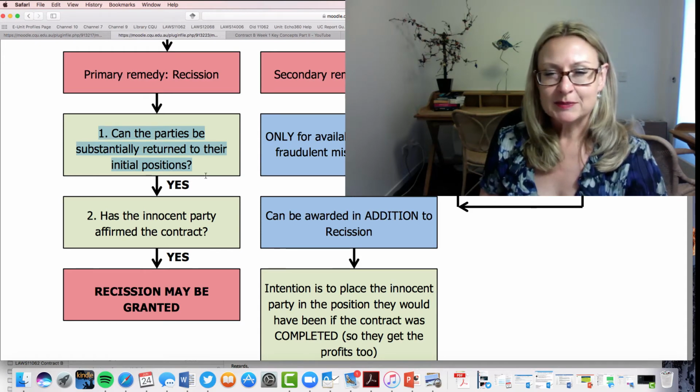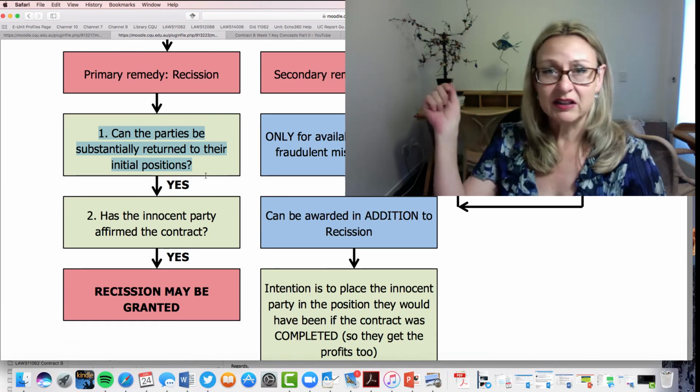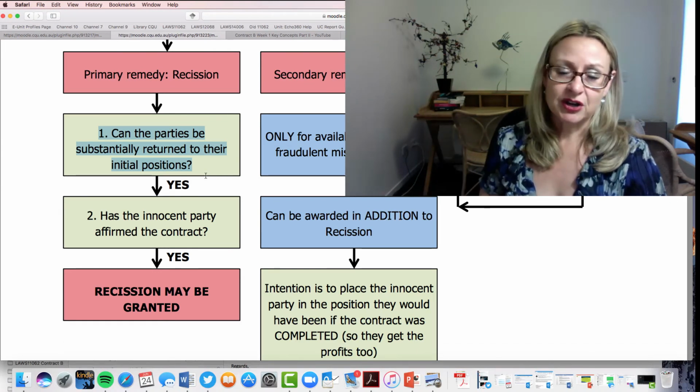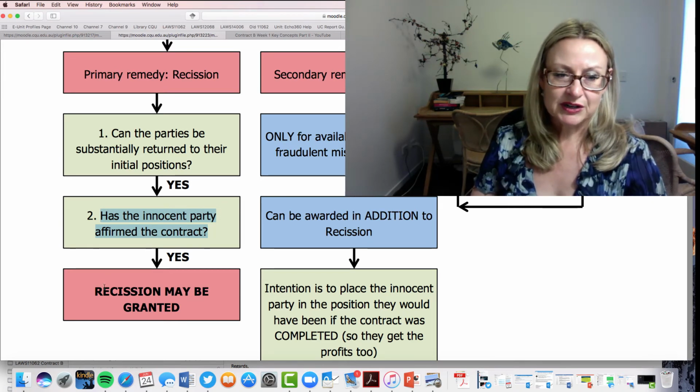Likewise, if the contract has been completely performed and executed, done, dusted, big tick in that box, then you can't turn around and try and unstitch it all. So that is the issue of intervening factors that might destroy your right to rescind. If there are none of those present, then rescission might be granted.